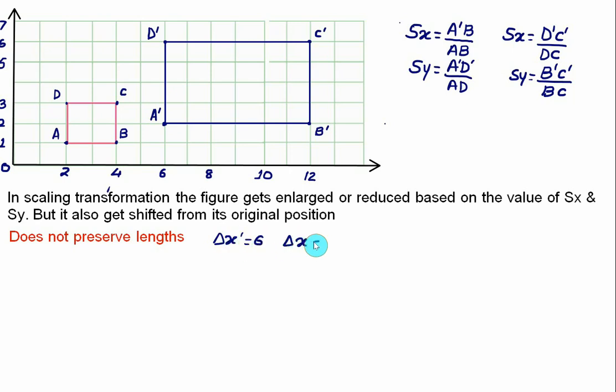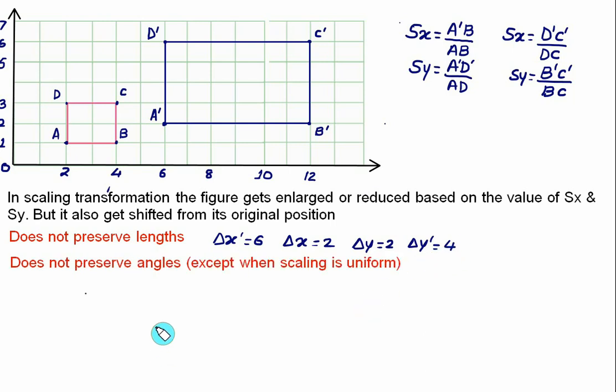Similarly, delta y, the original dimension BC, is equal to 2, and delta y prime will be 6 minus 2, that equals 4. So the dimension has been changed.